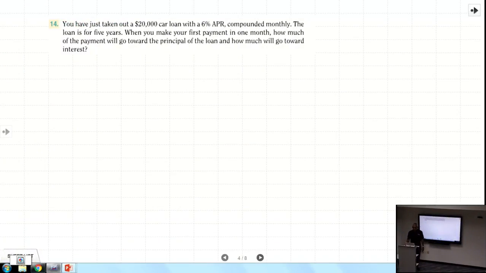All right, question number 14. You have taken out a car loan of 20,000, so that's your principal, with a 6% APR. This is being compounded monthly, and the loan is for 5 years.